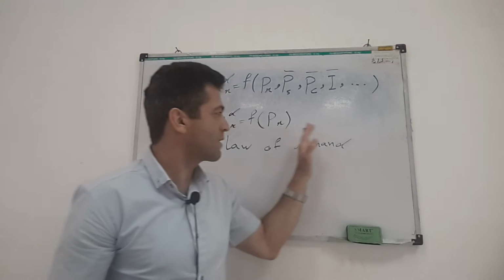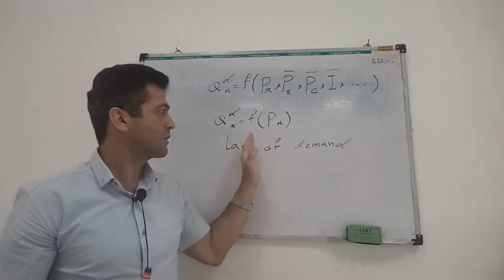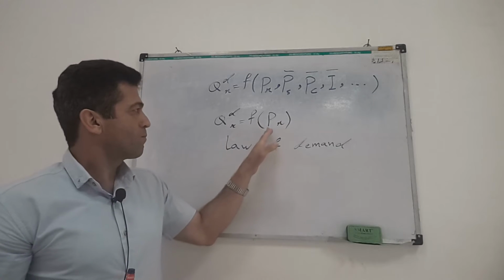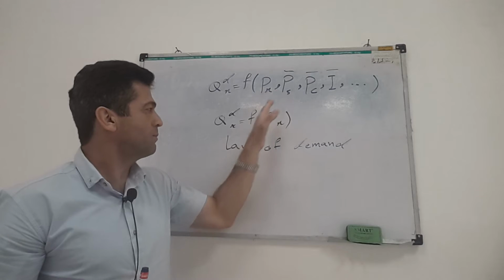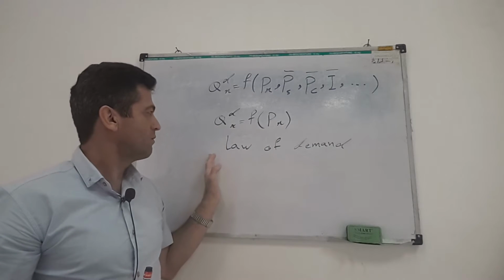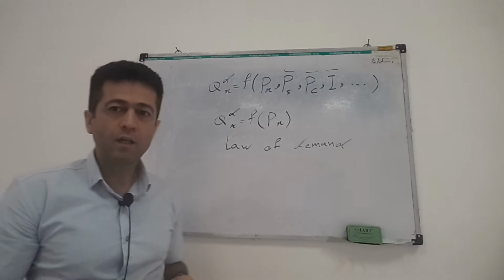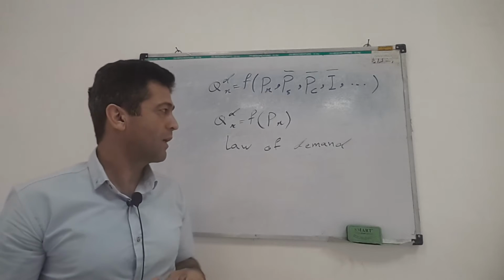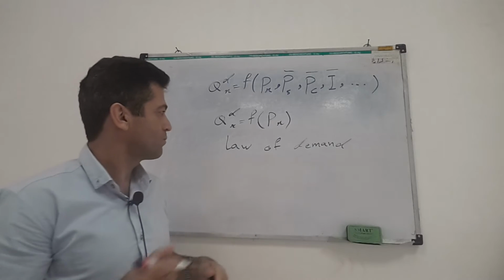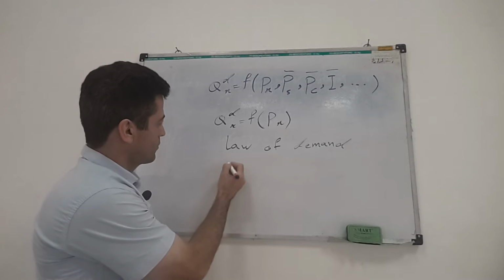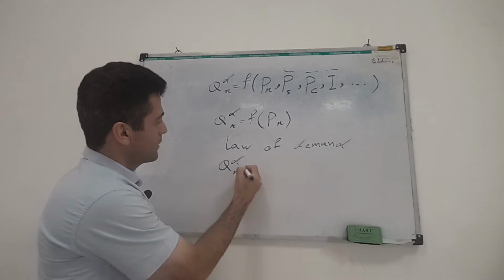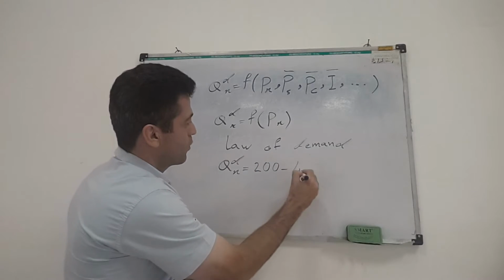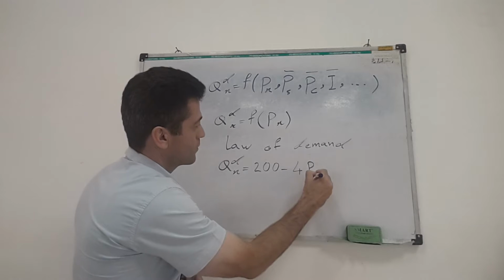By holding other factors constant, or the assumption of ceteris paribus, when the price of it goes up, the quantity of demand will decrease. Now I want to show this negative relationship with an example like this. Quantity of demand for X equals 200 minus 4 times Px.